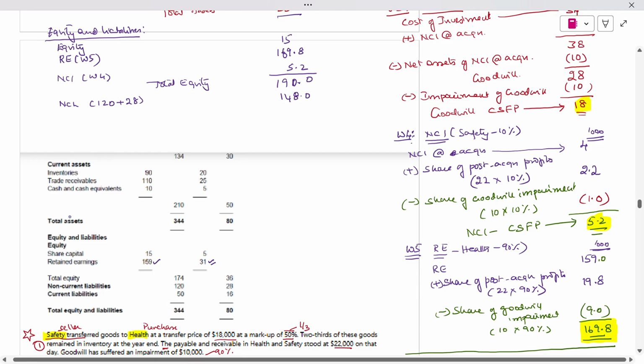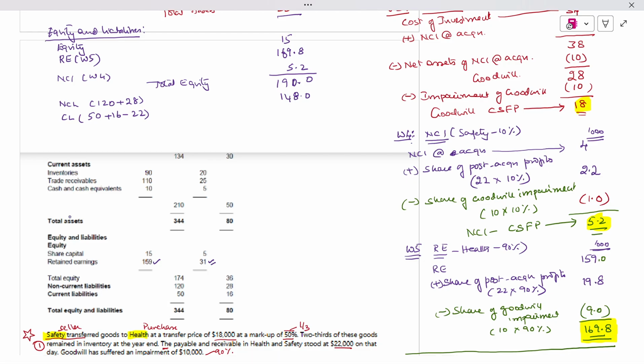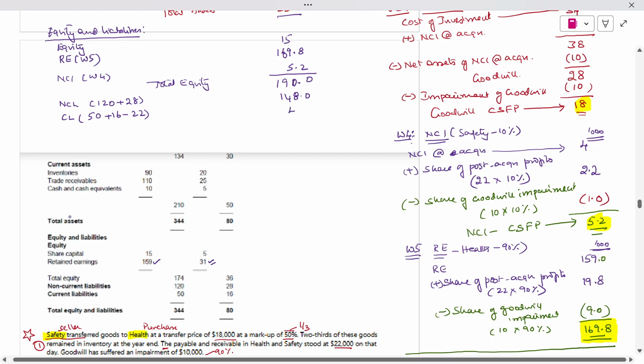Okay, current liabilities. Again, we have to remove in the current liabilities. How much is there? 50 plus 16 minus 22. Are you clear about this? Yes. How much will we get? 66, 66 minus 22, 44. Check.